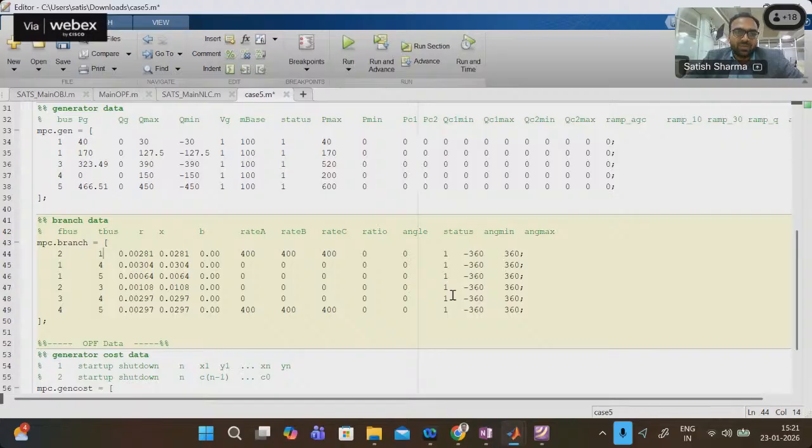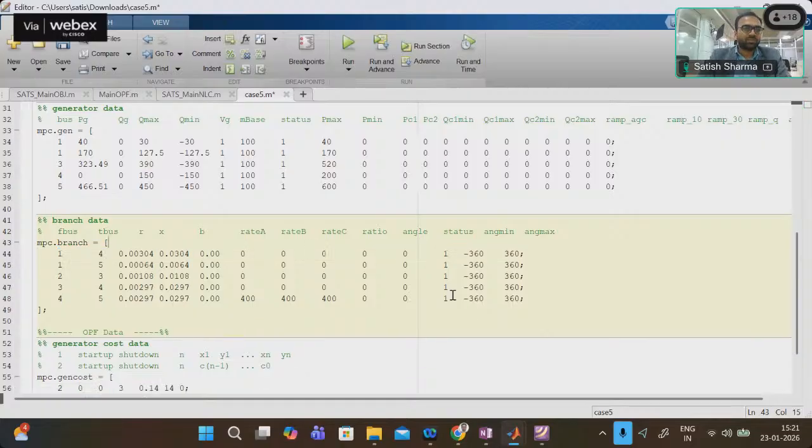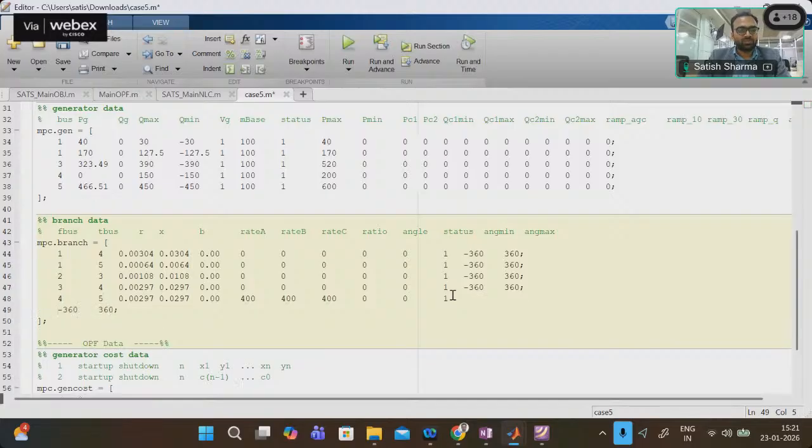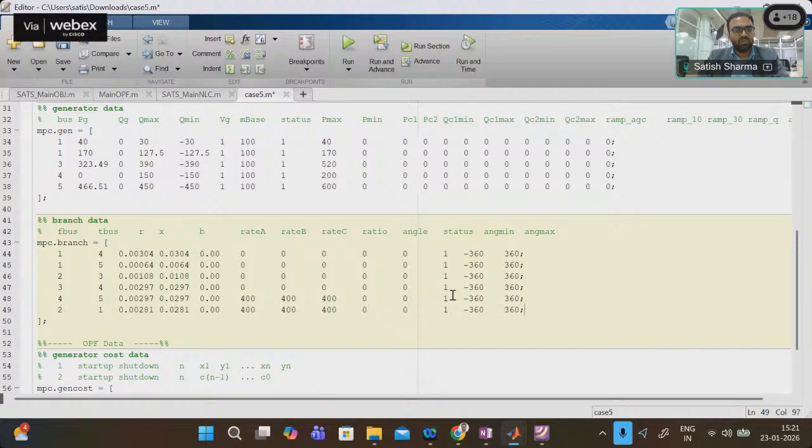This is the first branch, and it doesn't matter whether it is the first branch. Let's say I move this particular branch to the bottom, with control Z and control V. Will it make any difference in the data, or in whatever code we have written?